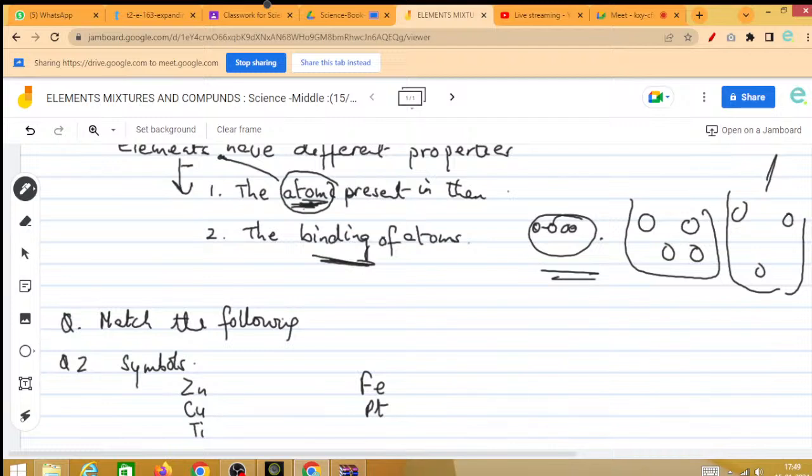Just 1 minute. Tell me the symbols only. Tell me the symbols.